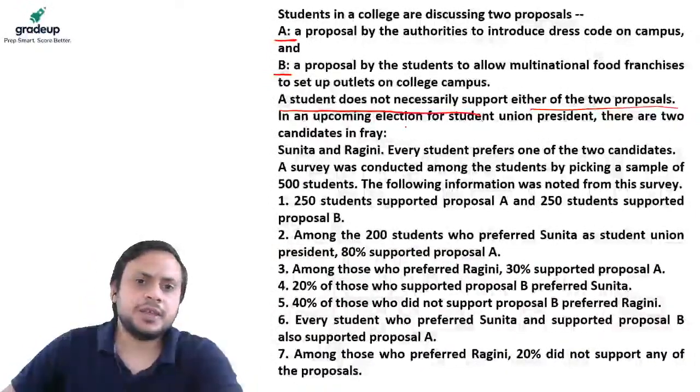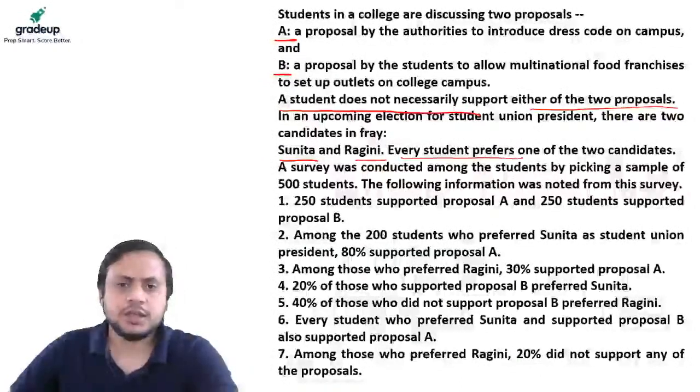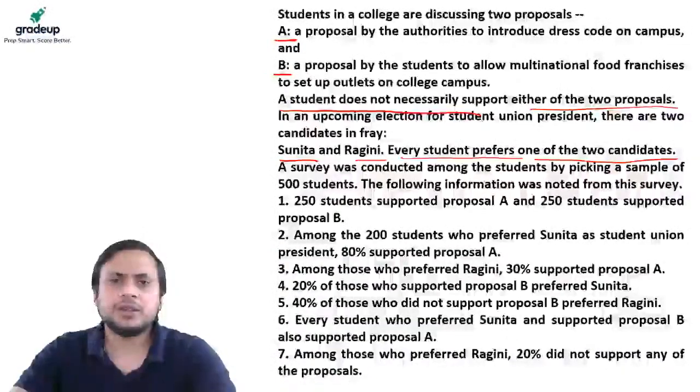Now in an upcoming election, there are two candidates, Sunita and Ragini, but they are saying every student prefers one of the two candidates. So out of all 500, every student prefers exactly one of these two, Sunita and Ragini.